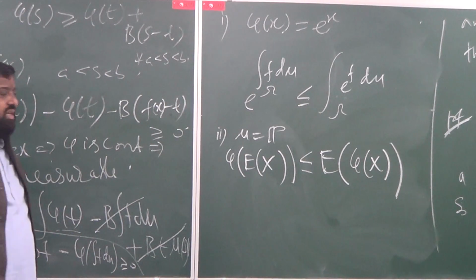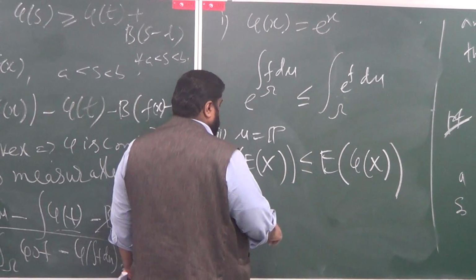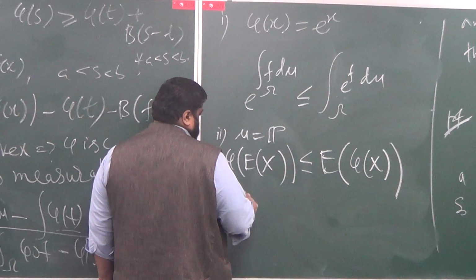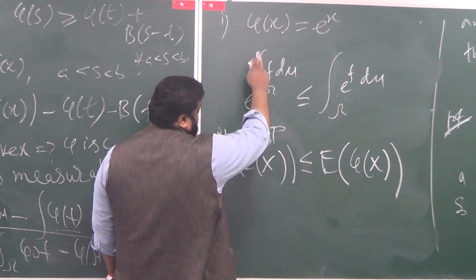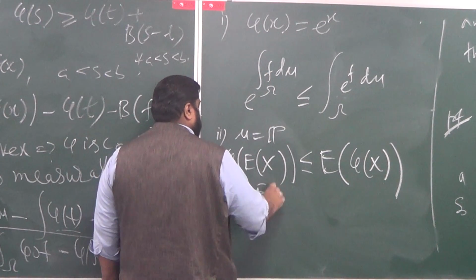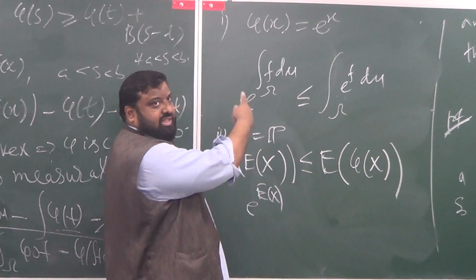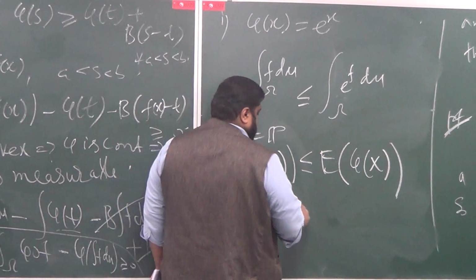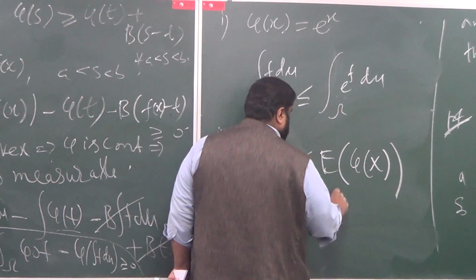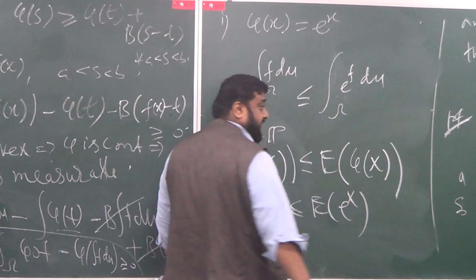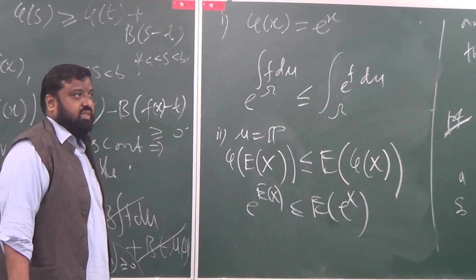And what does this mean? Hence you do the same thing. This means that e to the expectation of x, taking the same function, is less than or equal to the expectation of e to the x.